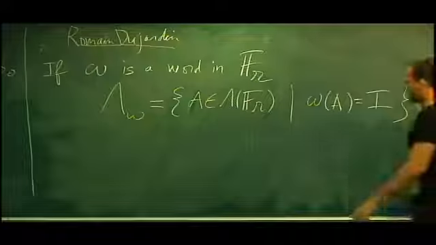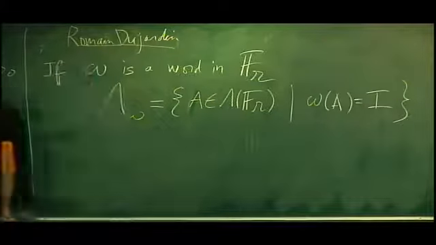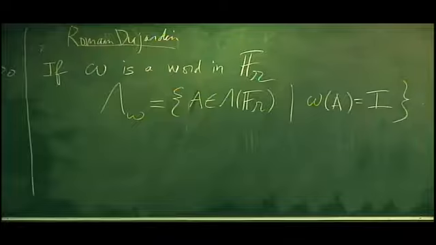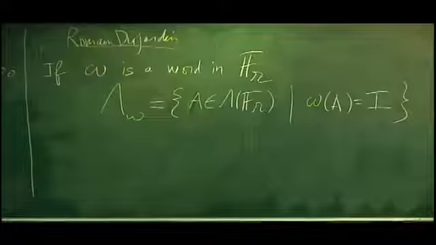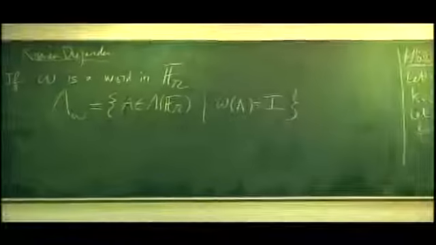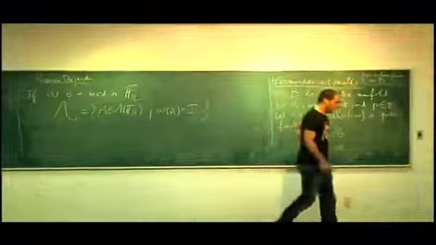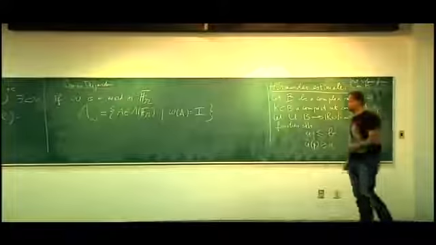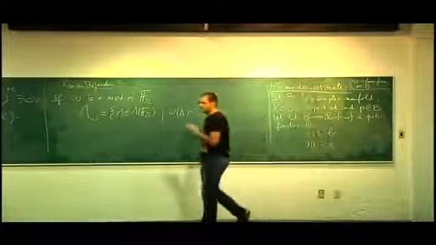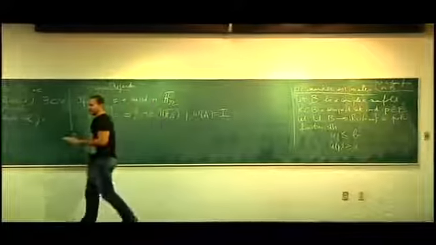So for this, as I said, to produce these words, we will use a random walk on the free group. And in fact, what we will be able to prove is not exactly the statement I said, but is the following statement.